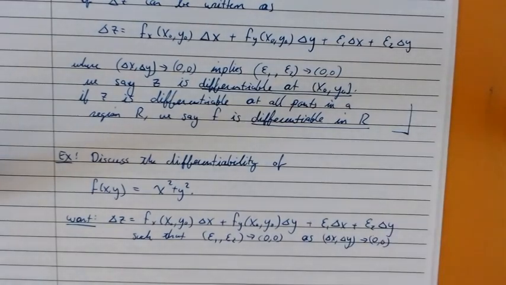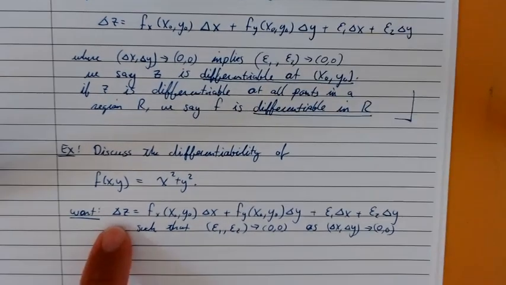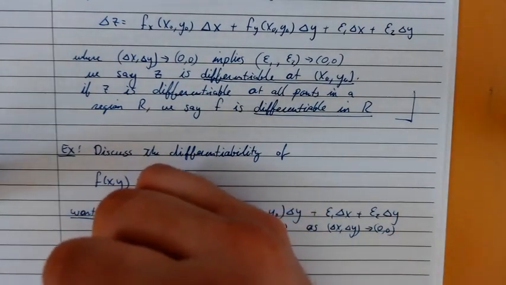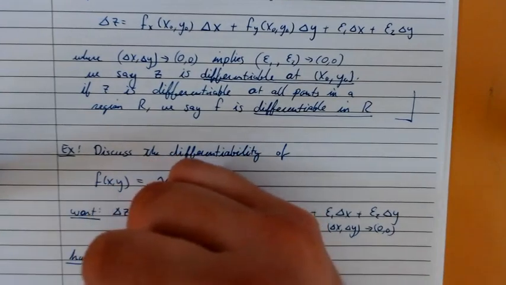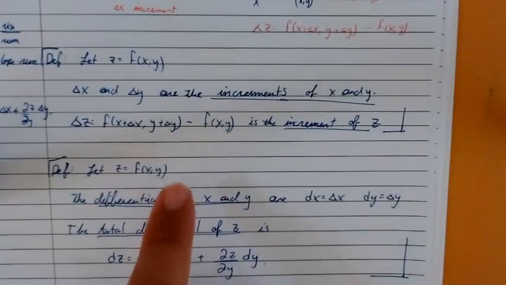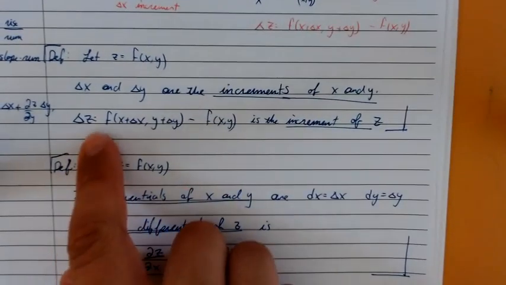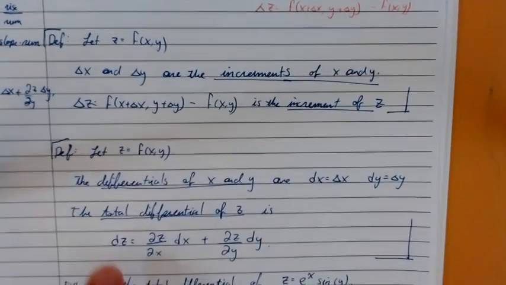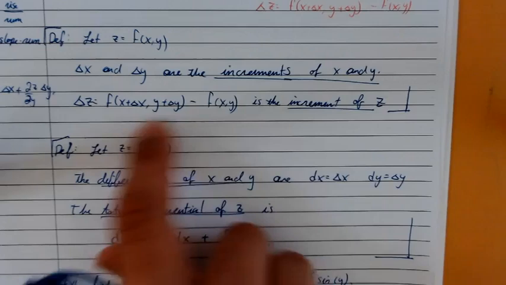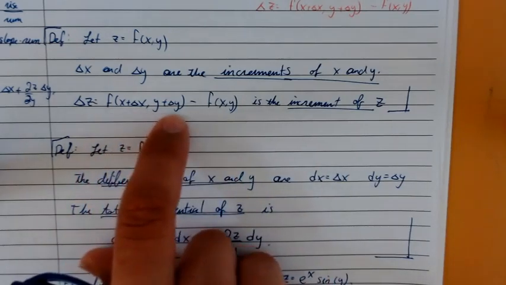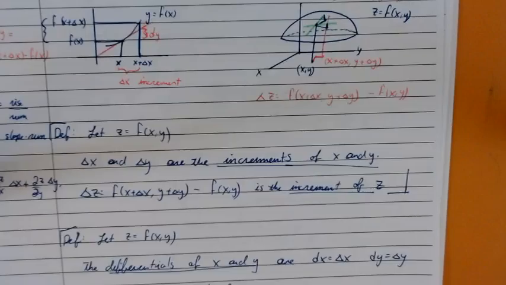Okay, what do I have? Well, I want delta z to equal this. What does delta z equal? Well, we have a definition. Delta z is, oh sorry, not the total differential, the increment. The increment equals f of x plus delta x, y plus delta y, minus f of x, y.